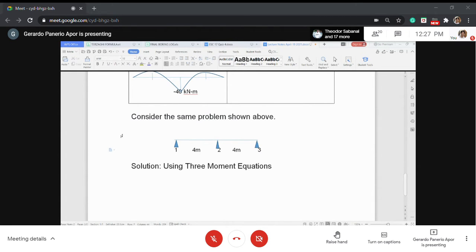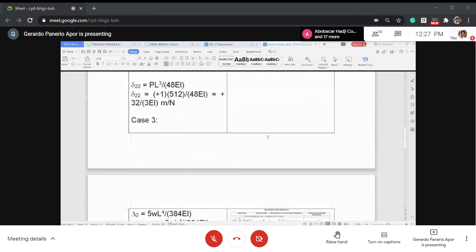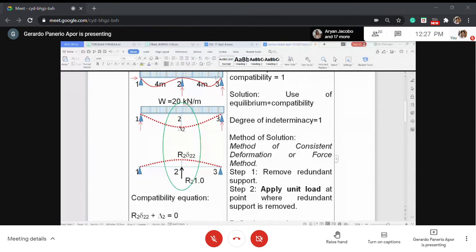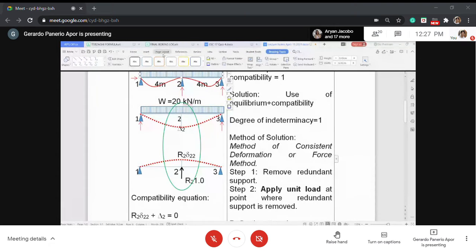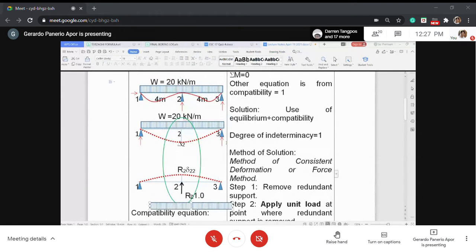Above, you have, I think this is 20 kilonewton per meter. Okay. Then I will copy this one. Home, copy, paste, and I will drag it down.